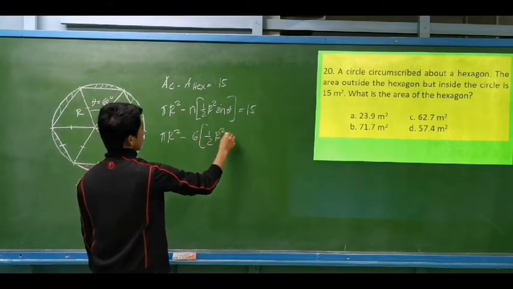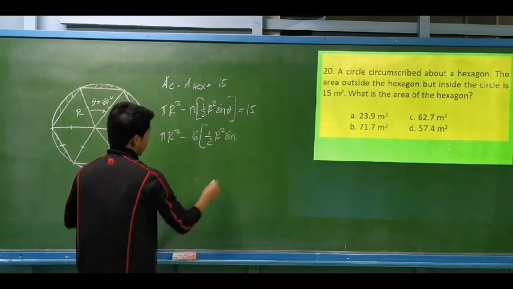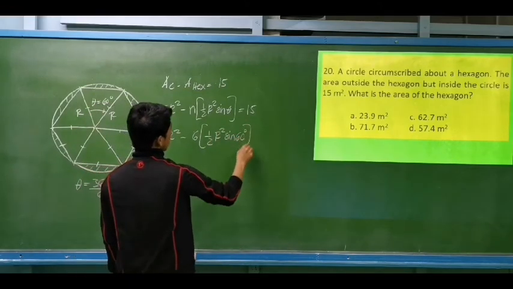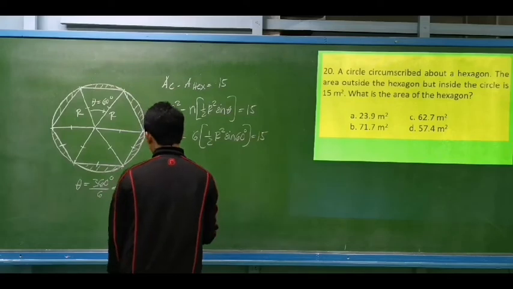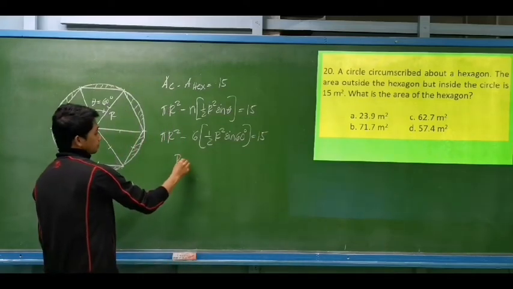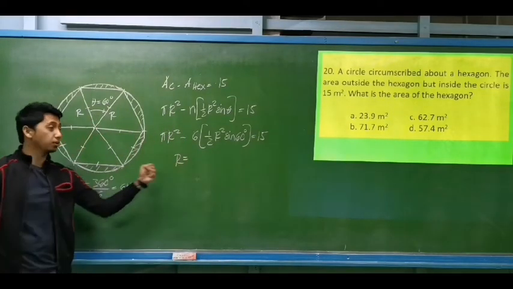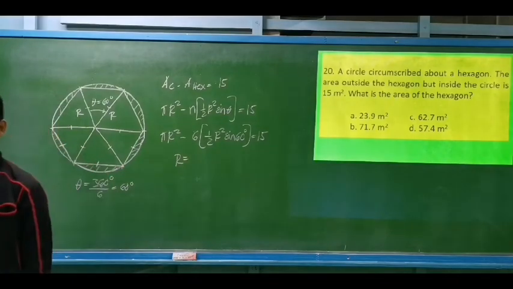The radius squared sine, ano yung theta natin? 60 degrees equal to 15. So kung mapapansin ninyo, una natin masasolve yung radius ng circle.